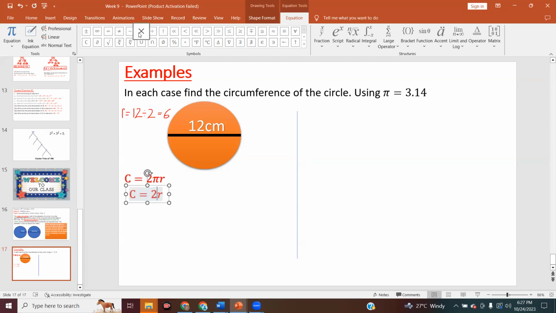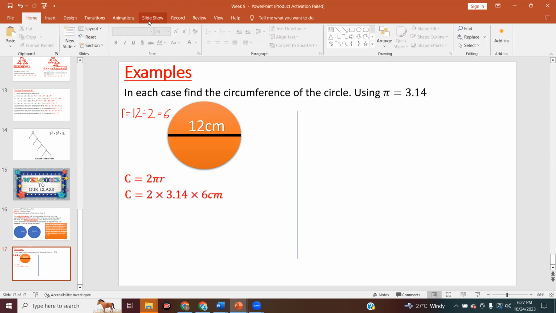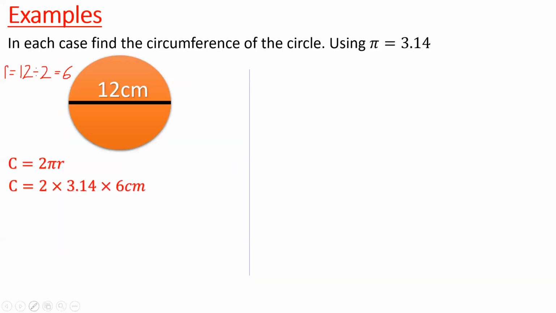It's going to be multiplied by 3.14. And what is r? In this case, r is the radius, which is 6 centimeters. And so we have to multiply. So let's get multiplying. We're going to multiply 2 by 3.14.